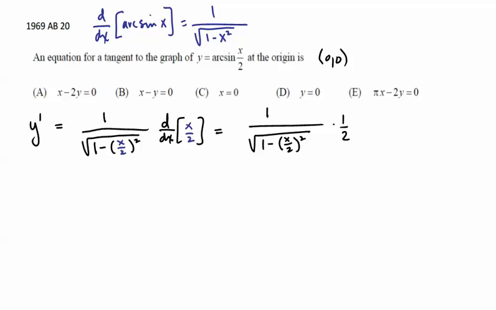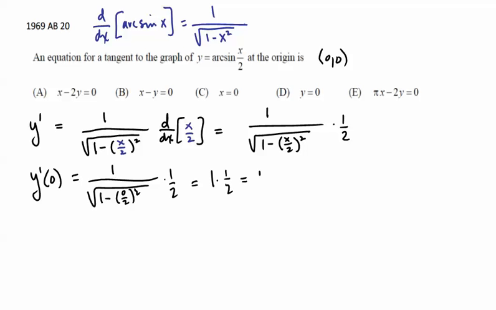All we need to do now is find y prime of 0, which is 1 over the square root of 1 minus (0 over 2) squared, times 1/2, and that's just going to be 1 times 1/2, or 1/2.